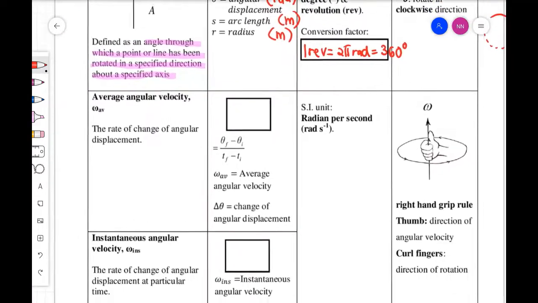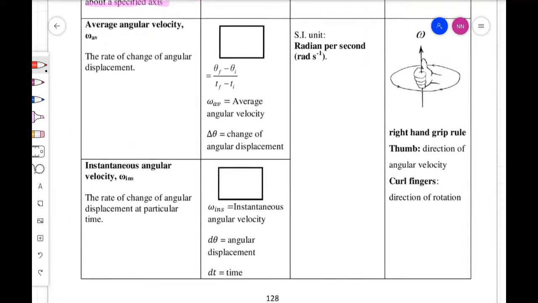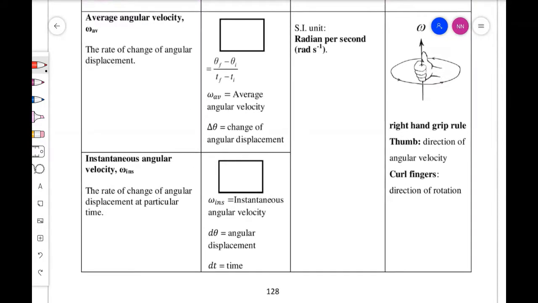Next is the average angular velocity. The symbol is omega AV. It is defined as the rate of change of angular displacement.